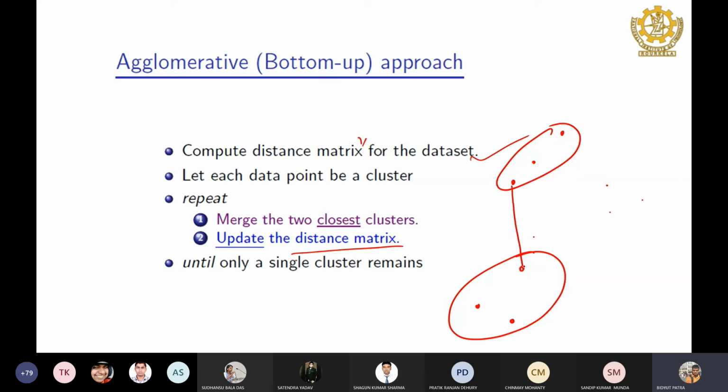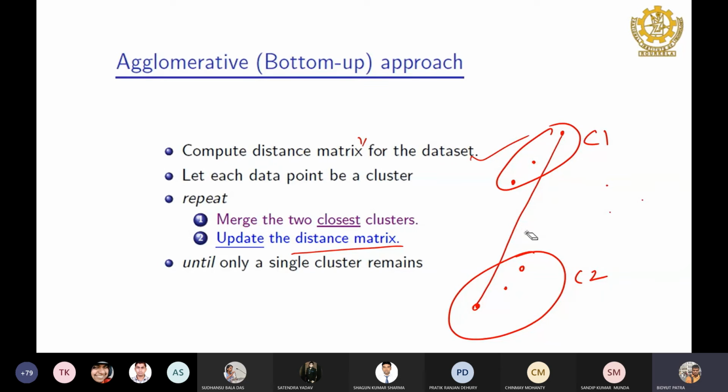It is the distance from cluster C1 to C2. If you use the maximum, the complete linkage, this will be the distance. So let's say this is the farthest point. Okay, so that will be the distance.